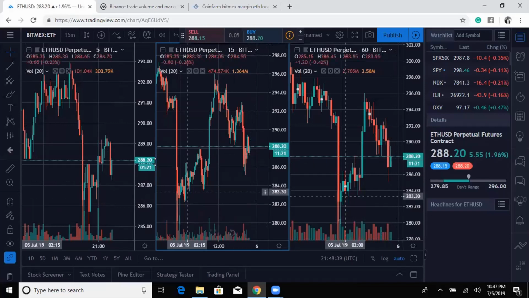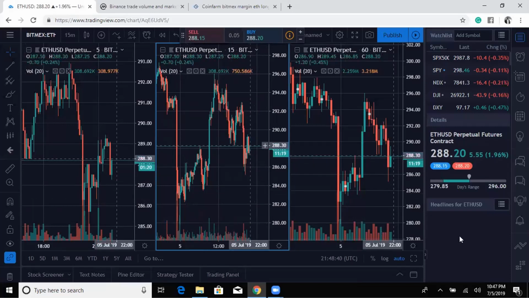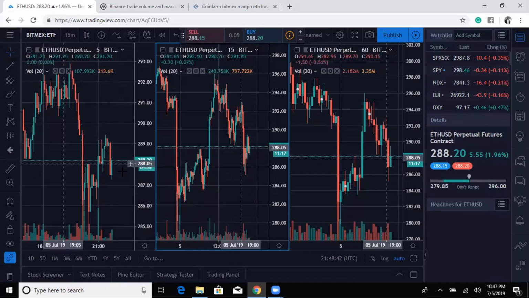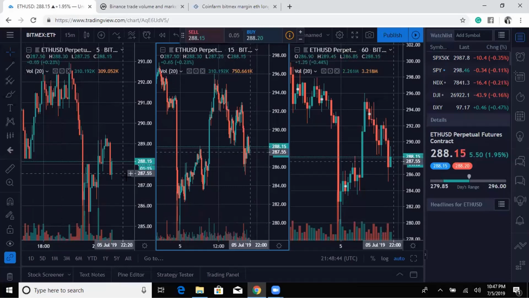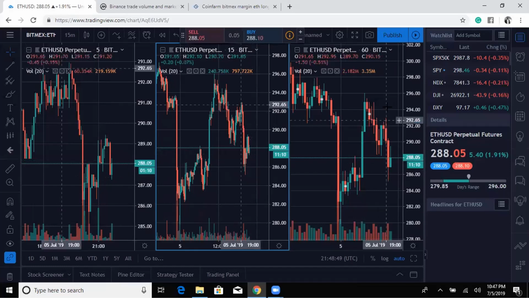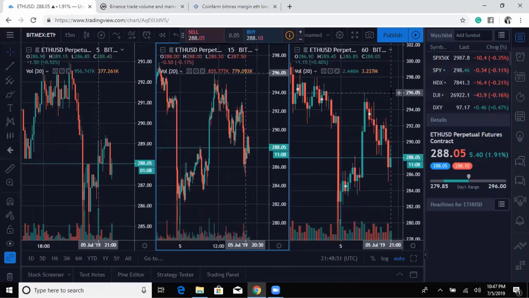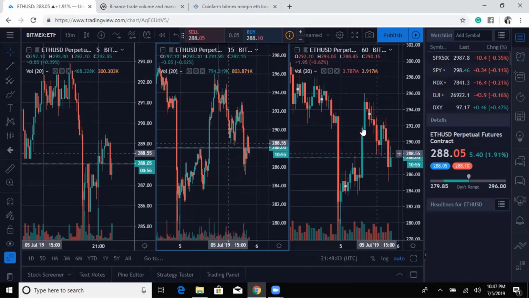So what this simply tells you is that if you wanted to take a long position, guess where you should be looking at selling? You should be looking at selling at around this region right here, 290, from this point, 293, somewhere around here. You should be looking at selling, because the previous candlestick, look at where it went to, 296.